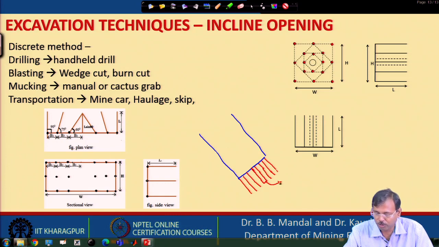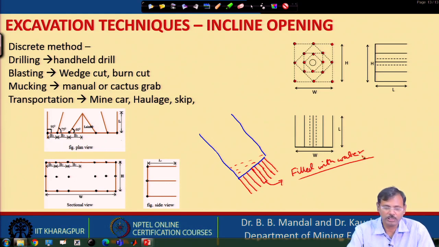However, this empty hole which is provided, as this is the bottom part where the water tends to be accumulated. So, whenever the drilling is carried out, for all the cases, wedge cut and band cut, there is a likely chance that these holes will be filled with water. So, water resistive explosives should be used in the blasting, and then the blasting has to be carried out.